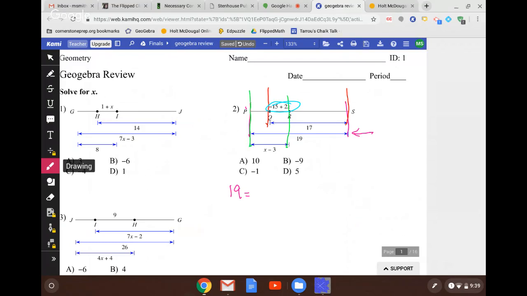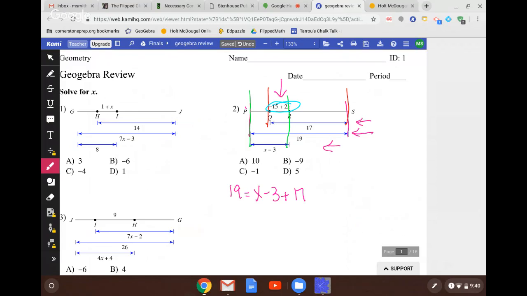So when we set these up, we're going to need to do something about that part. So we're going to say x minus 3 plus 17, because those are our two parts that we know, okay?